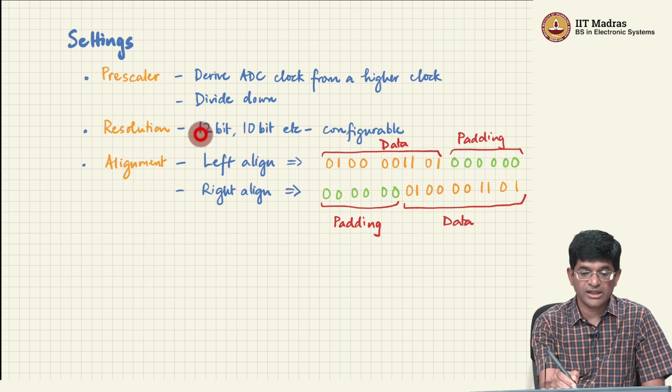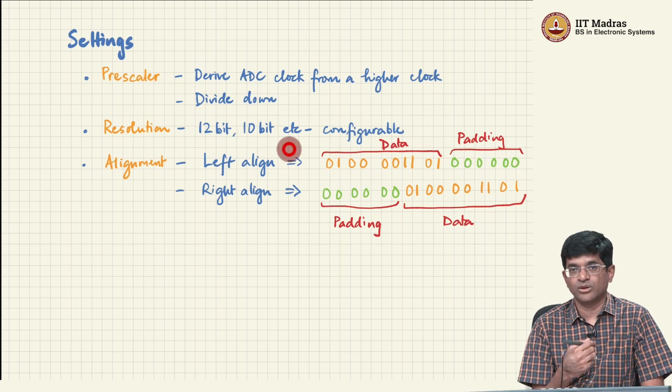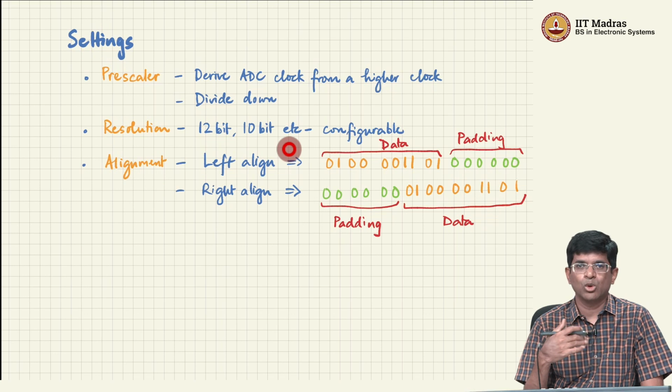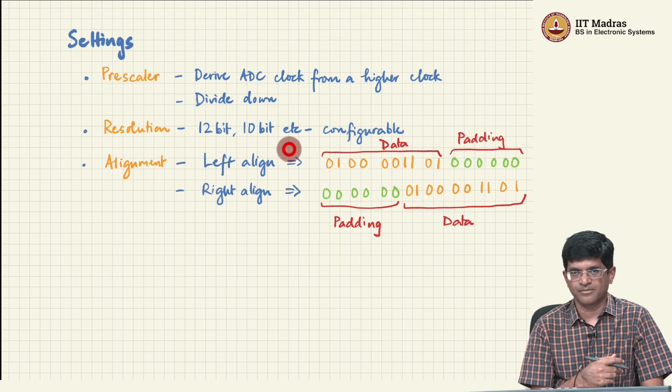You can also configure the resolution. You can say you want it to be either 12 bits or 10 bits or 8 bits. Now you might wonder why I would want to change that, and it turns out that the kind of ADCs that are actually used over here are very often something called successive approximation ADCs, right? Meaning that they take more time to convert a 12-bit number than to convert an 8-bit number, right?